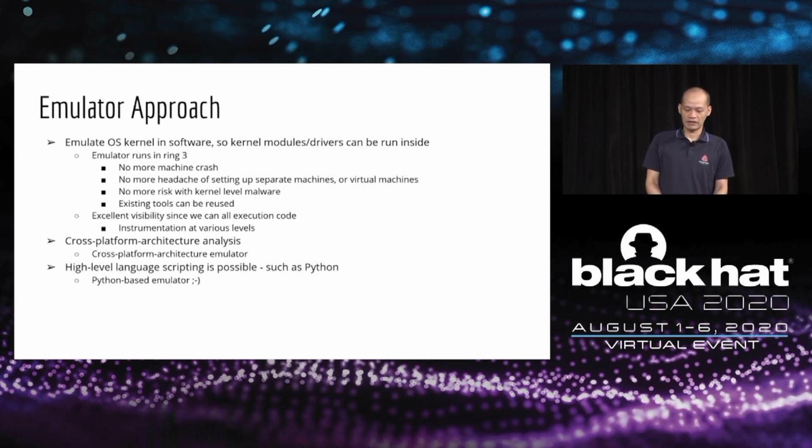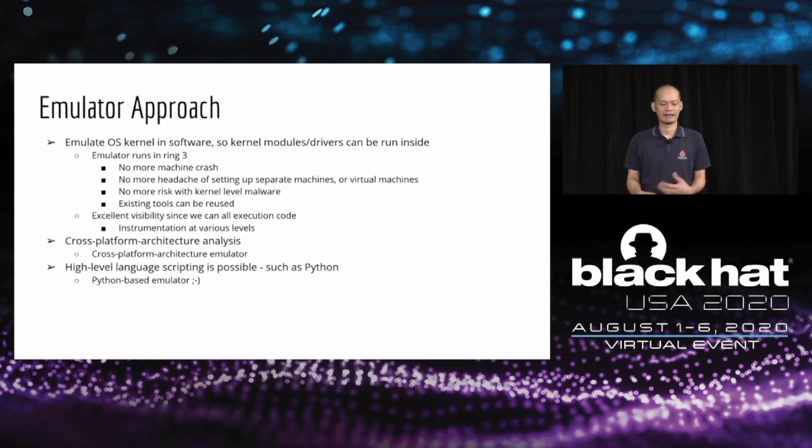And because the emulator runs in ring 3, if we can emulate the kernel rootkits inside the emulator, we do not have a machine crash anymore. We do not have the issue of setting up a separate machine or virtual machine to analyze kernel rootkits. And we don't have risk with analyzing kernel rootkits because we emulate everything in a safe sandbox.